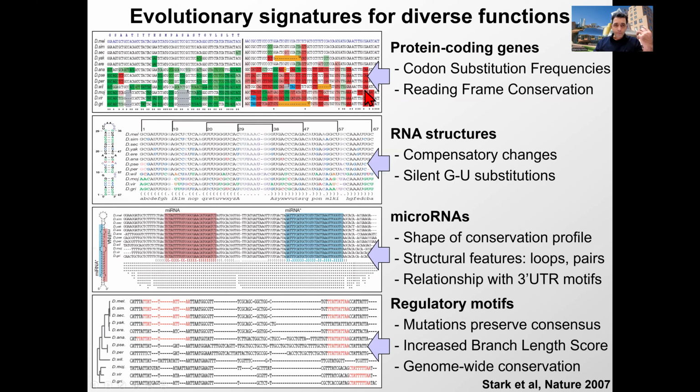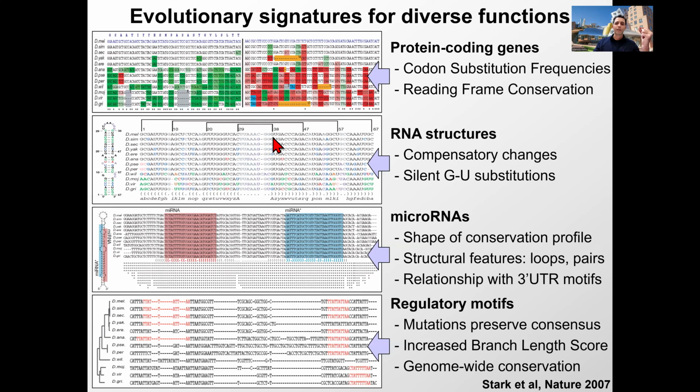And you can see these signatures here. So if something is protein coding, then those mutations that preserve the amino acid will be tolerated, even if they disrupt the nucleotide sequence. So we can distinguish protein coding genes based on the frequency with which different codons are substituted and based on the conservation of the reading frame.